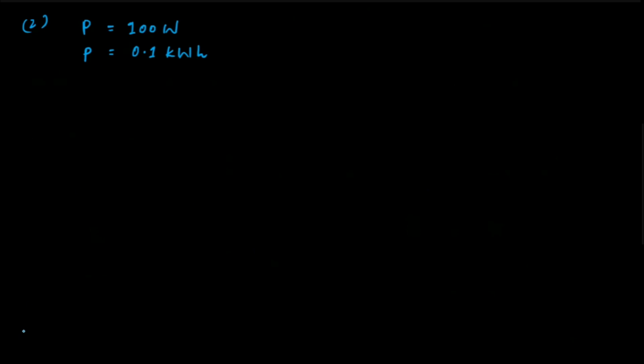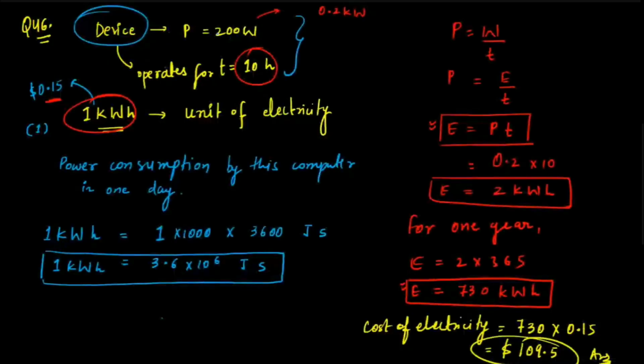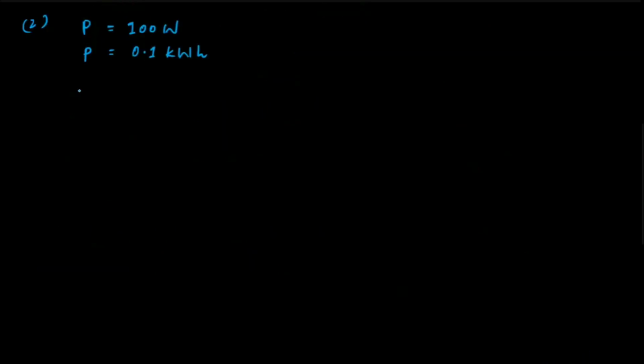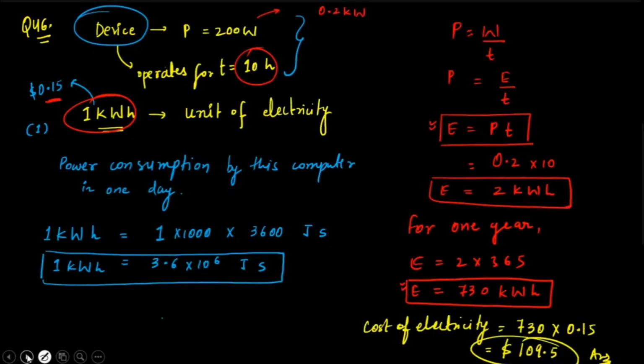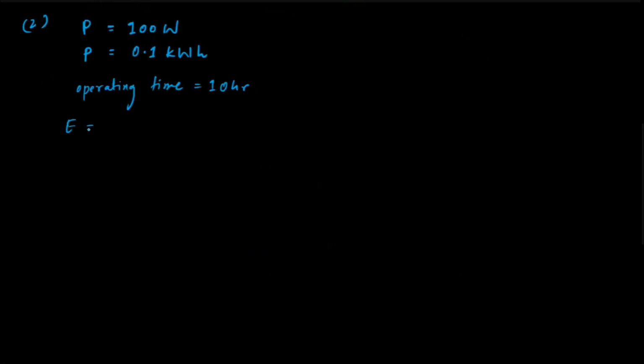Now, what we have to understand here is that the power supply has changed from 200 watt to 100 watt, so operating time will remain the same. We are again going to operate it for 10 hours a day, right? So if we operate it for 10 hours a day, we can find out how much energy it is going to consume. Energy is power times time.